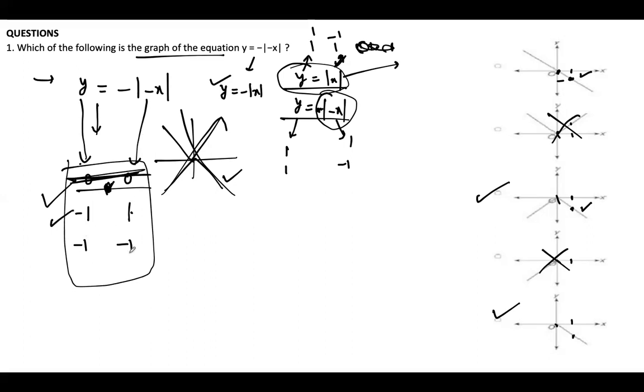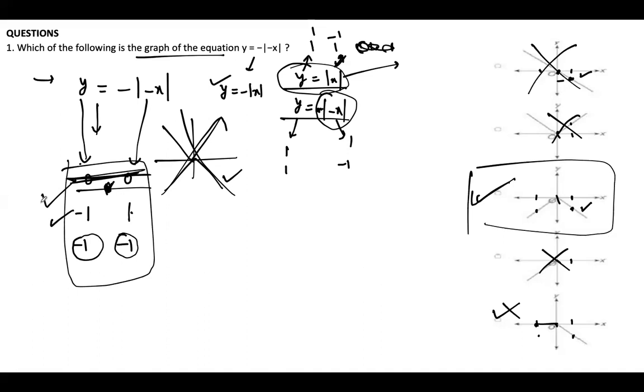Now check when x is minus 1, y is minus 1: this is relevant, this is not relevant. When x is minus 1, no value of graph is given, so not relevant. So option C. You can also check by taking some points or with respect to graphs.